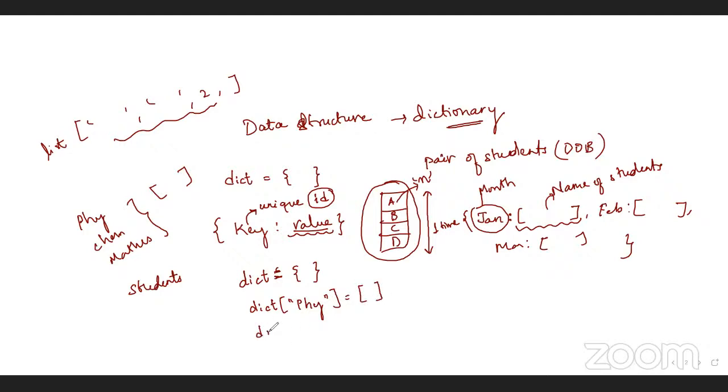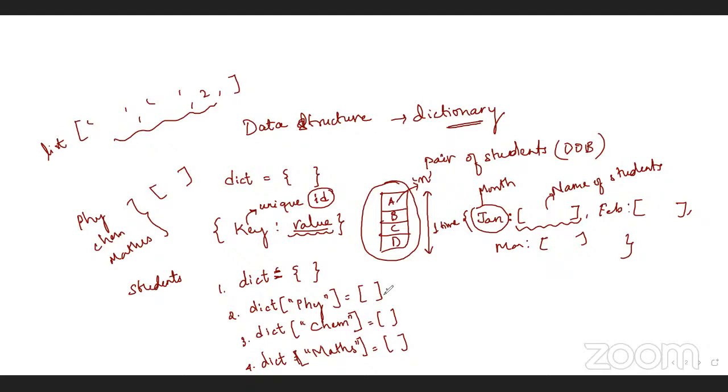Is this valid, whatever I'm writing? Can you tell me what I'm doing in statements 1 to 4? We are trying to assign the value of physics to the list of the marks of each student.